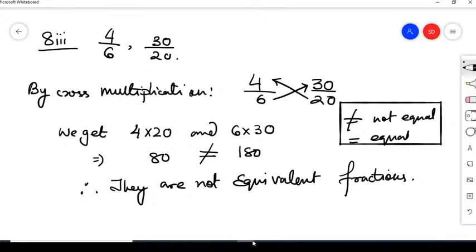Let us do question number 9 now. Question number 9 says reduce the following fractions to the simplest form.